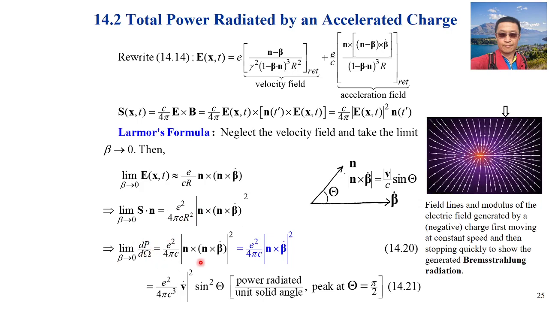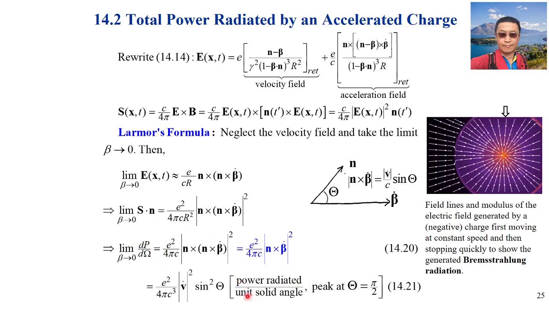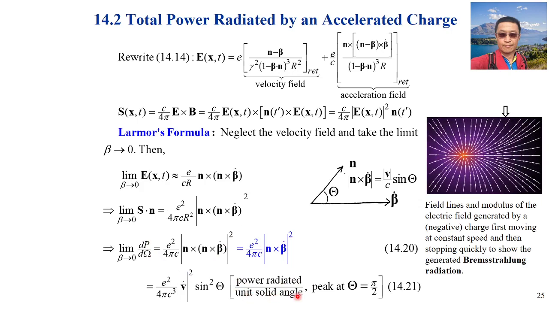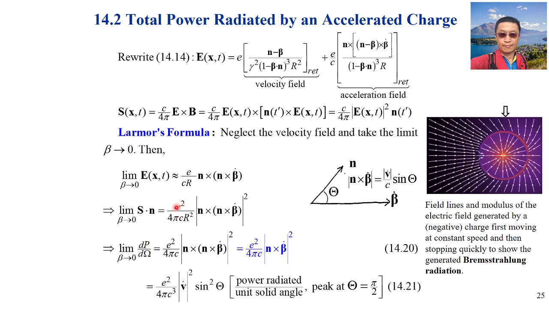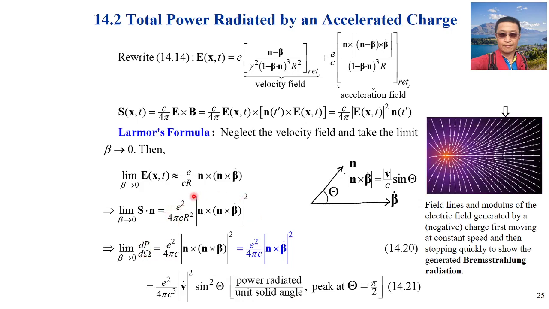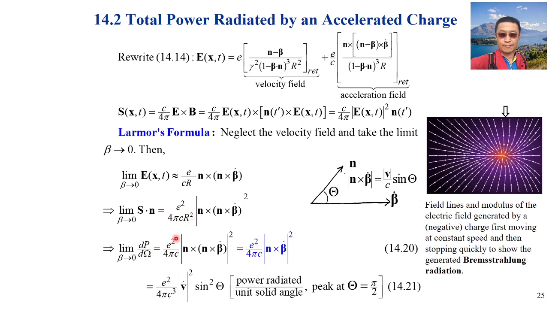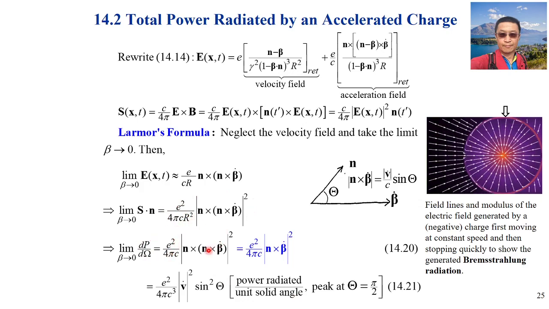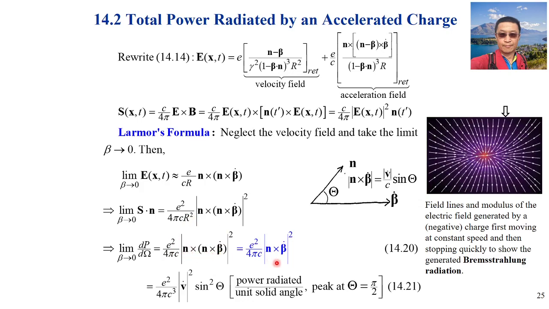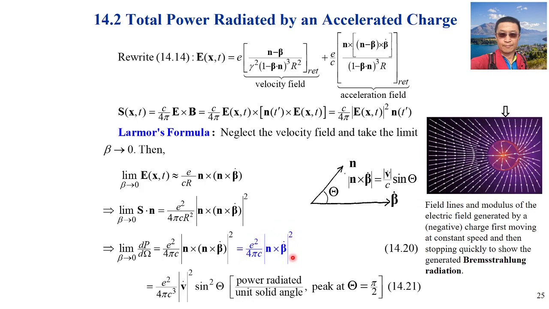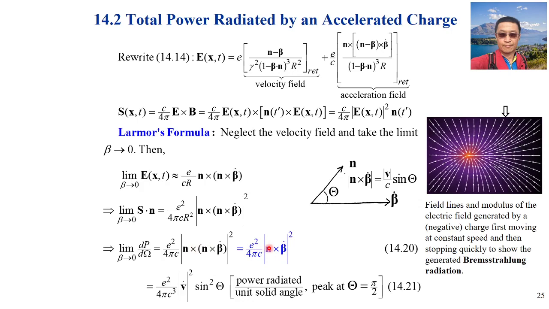That's the power radiated per unit solid angle. It equals E squared over this one times R squared. R squared and R squared cancel, so eventually we get this one. And this triple product can be simplified into this one. This is a simple operation, no big deal.